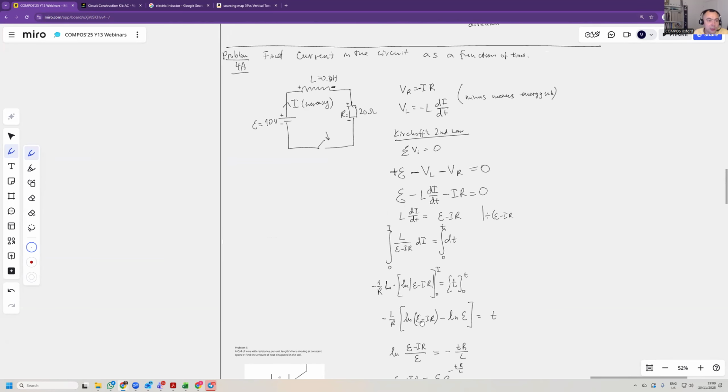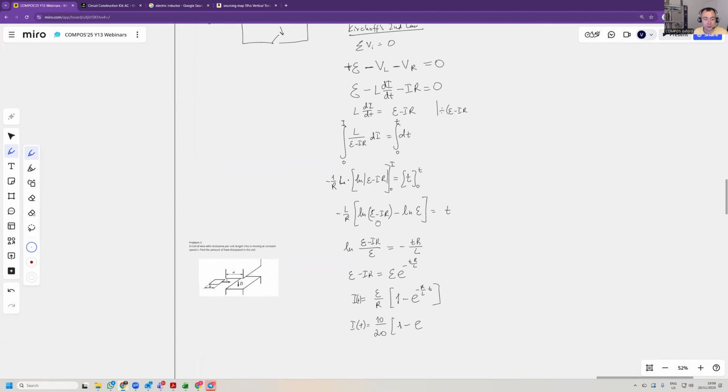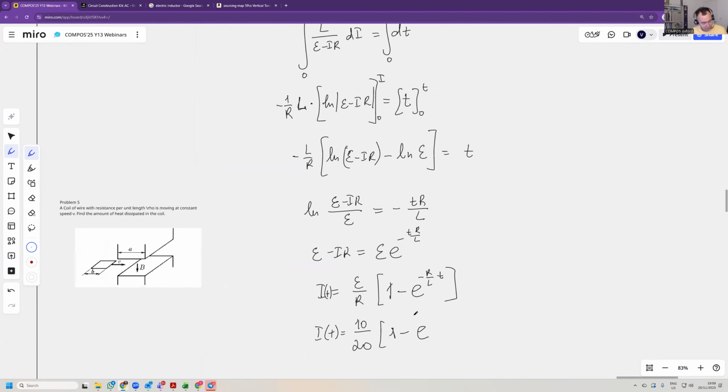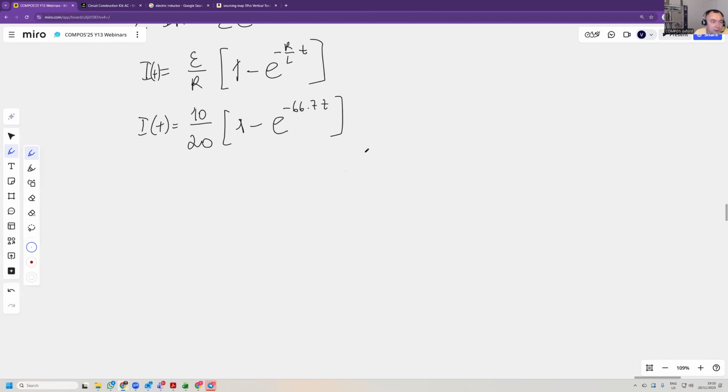So that's 20 divided by 0.3, that's 66.7 t. Which is 0.5 multiplied by 1 minus e to the minus 66.7 t.